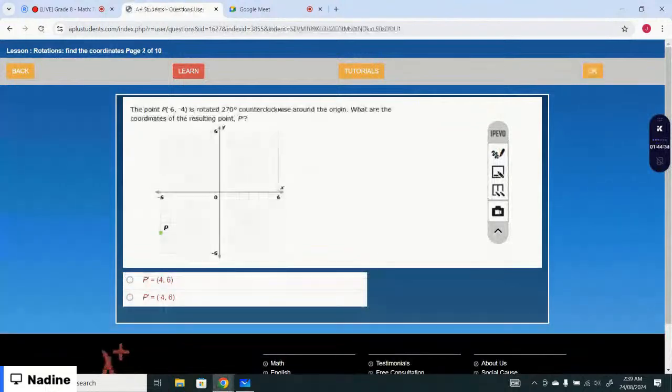Okay, the point P (-6, -4) is rotated 270 degrees counterclockwise around the origin. What are the coordinates of the resulting point P'?